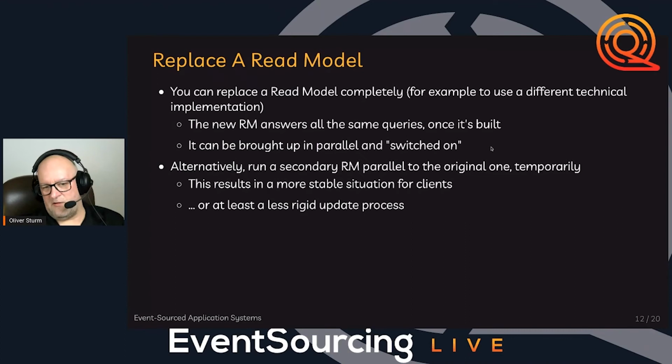Then the read model itself can decide to suddenly take over for read model A, right? Read model B says, all right, I'm going to answer all those queries now. Or alternatively, I can implement read model B using its own verbs, its own endpoints, whichever exact access method you use.